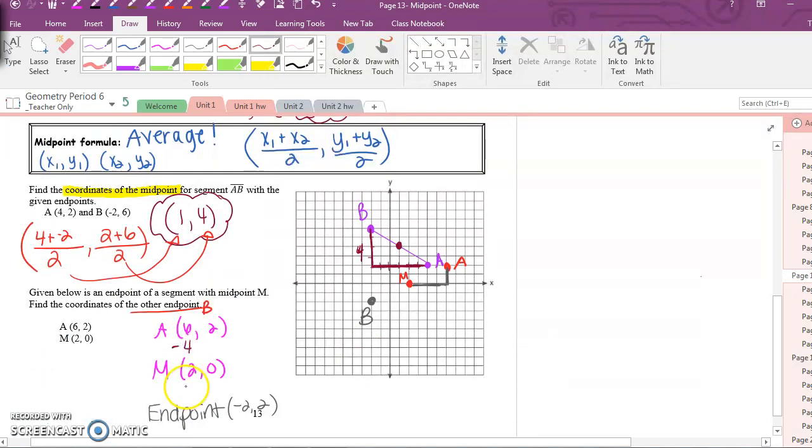So if I do 2 minus 4 again, I end up with -2 for x. Then doing the same thing for the y's, 2 to 0 would be a subtraction of 2. So 0 minus 2 would give me -2, -2 for this endpoint.